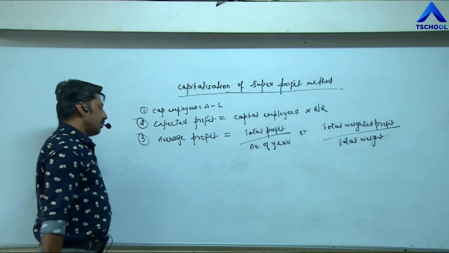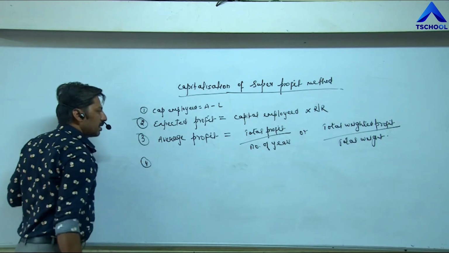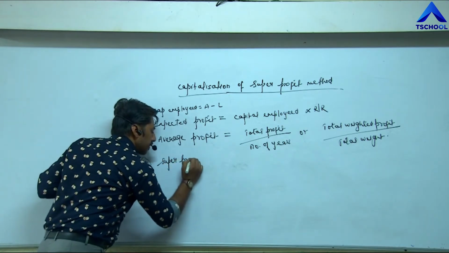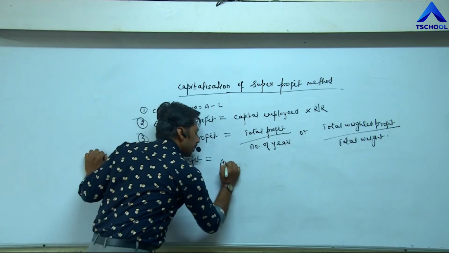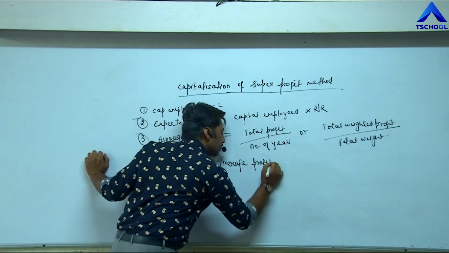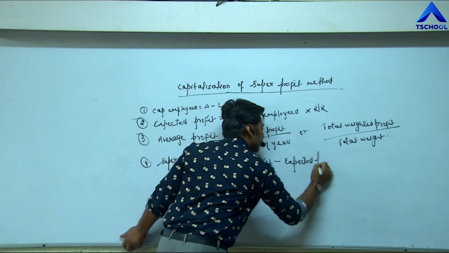After calculating average profit, fourth step, we need to calculate super profit. And formula for super profit is average profit minus expected profit.